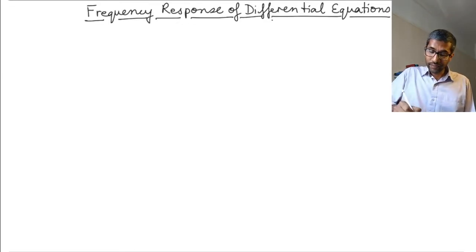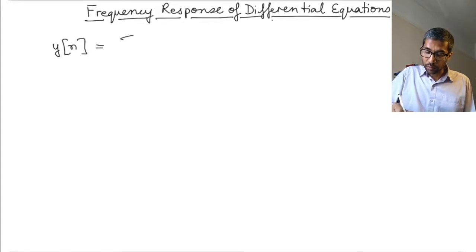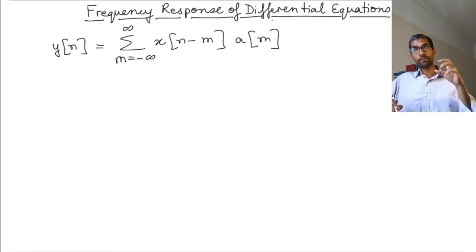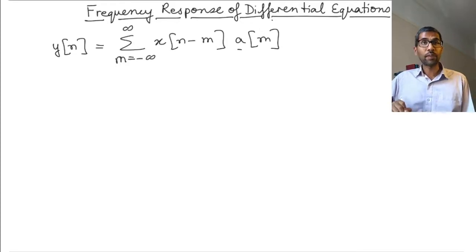So we've already seen that if we have a difference equation y[n] equal to the summation over m equal to minus infinity to infinity of x[n minus m], and let's say you're also putting some weights when you're doing this transformation, so these are given by a.